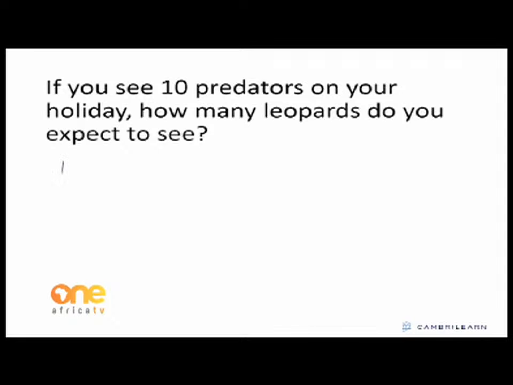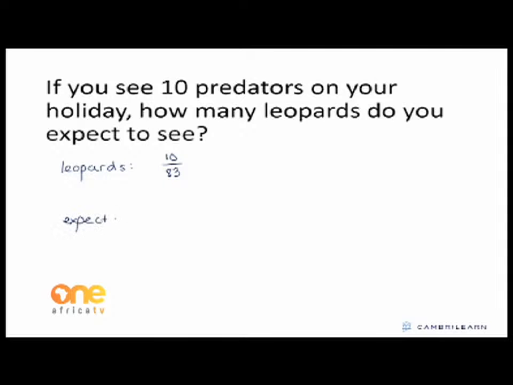So remember, our fraction for our leopards was 10 out of 83. And we got that by saying our number of interest for the leopards was 1,000, divided by all the predators, 8,300. So, we then want to say, how many leopards do we expect to see out of 10 predators?